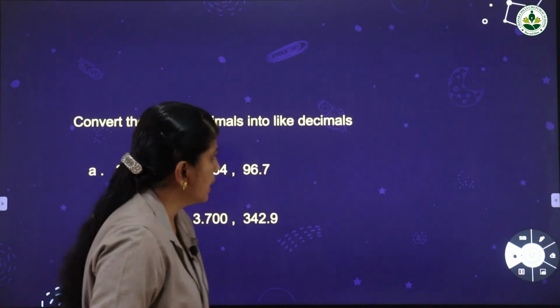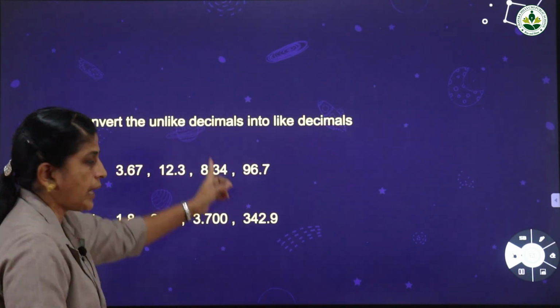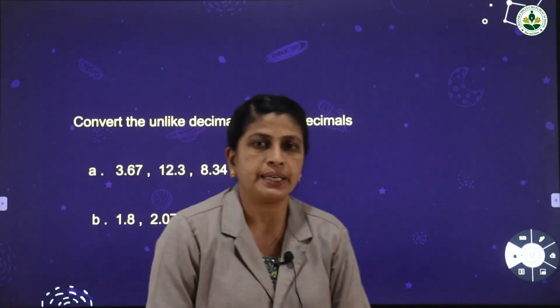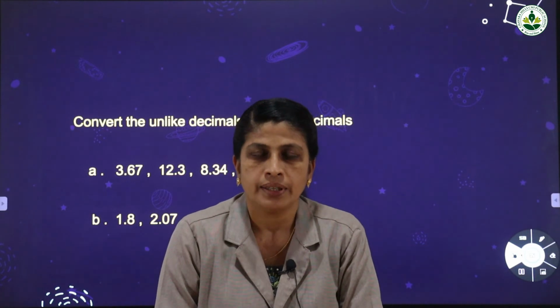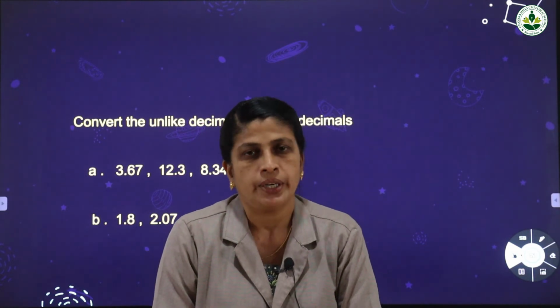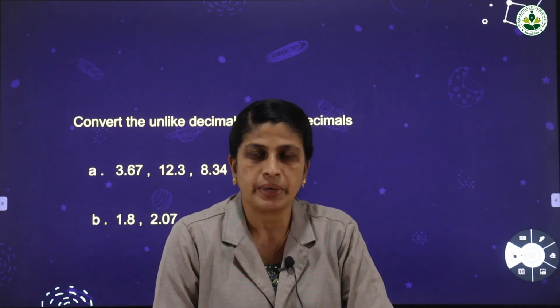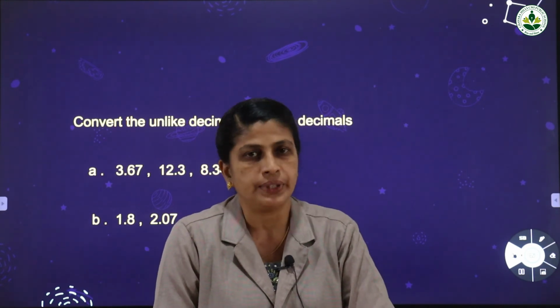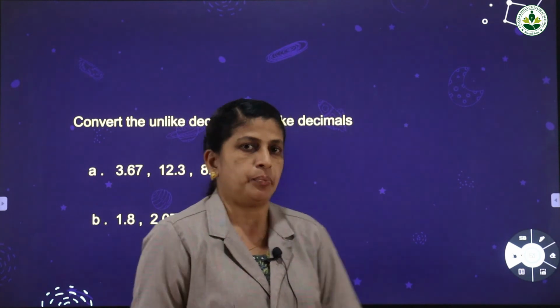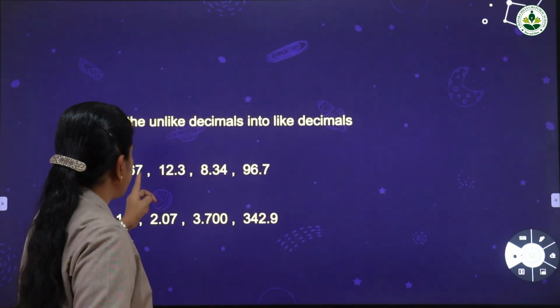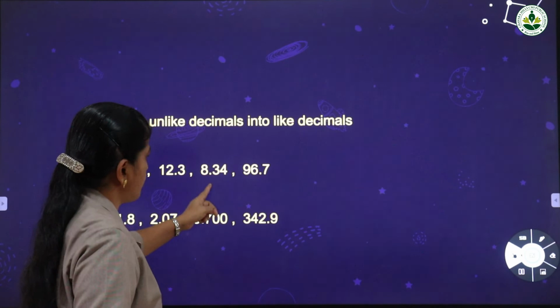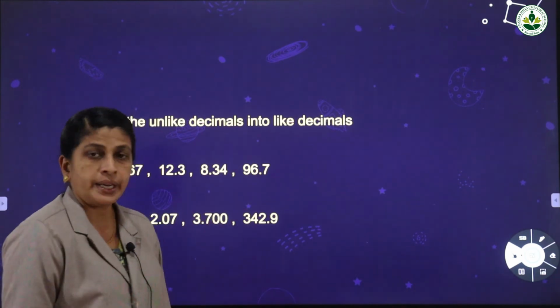Then convert unlike decimals into like decimals. I have explained that like decimals have the same number of digits after the decimal point, but unlike decimals have a different number of digits after the decimal point. Therefore, 3.67, 12.3, 8.34, 96.7.